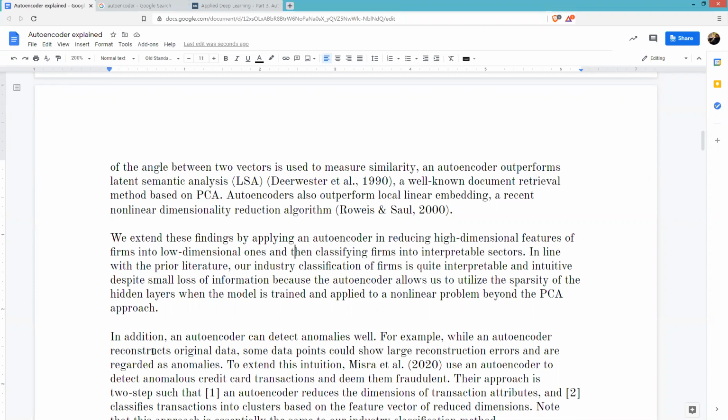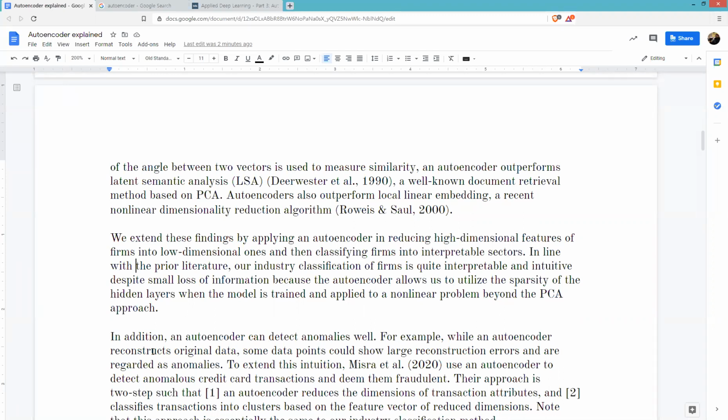Once I make firm information low dimensional, I can classify firms based on the low dimensional representation into interpretable sectors. If I do clustering analysis or group the firms into several groups, then we can interpret each group as a sector or industry.